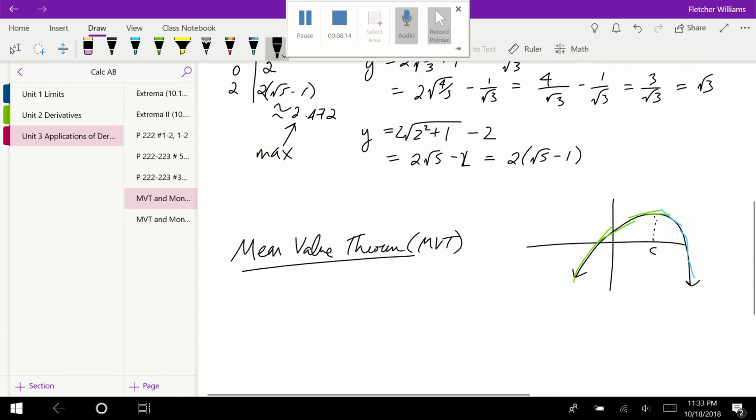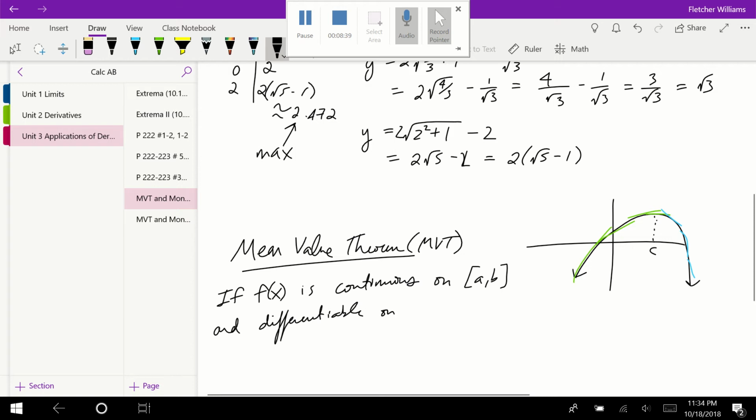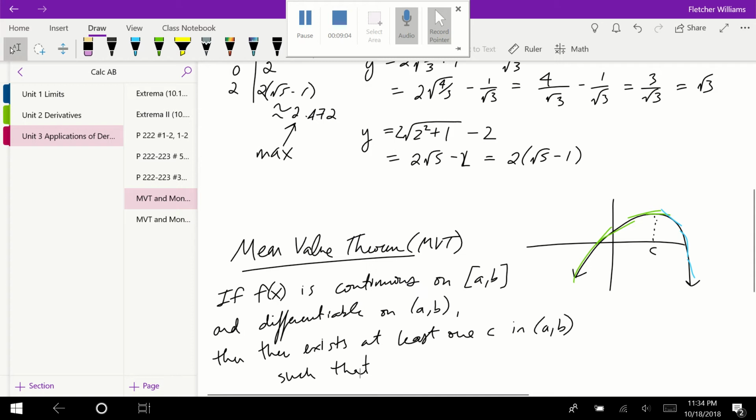The mean value theorem says that if f of x is continuous on the closed interval a to b and differentiable, just means you can take the derivative, on the open interval a to b, then there exists at least one c in the open interval (a, b) such that we have this statement true.